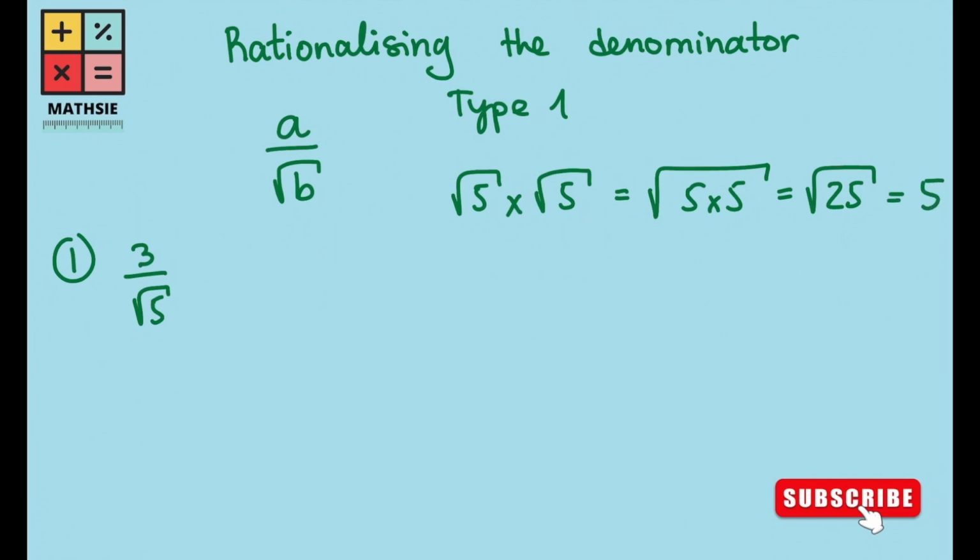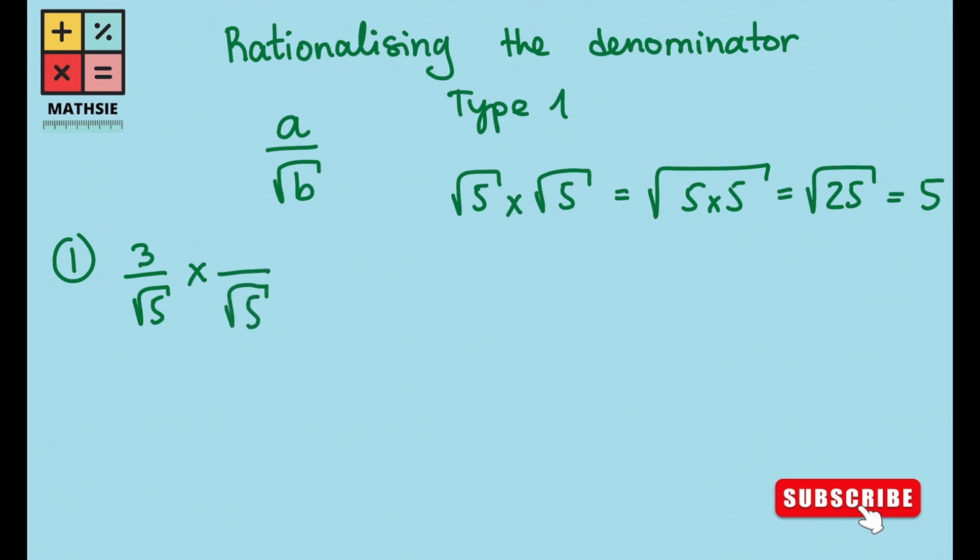So now I see that if I multiply a square root of a number by itself, I'm going to get a whole number. So let's go back to example 1, where we have 3 divided by square root of 5, and see how we can apply this logic. So I know now that if I multiply the denominator by square root of 5, I'm going to get 5 in the denominator.